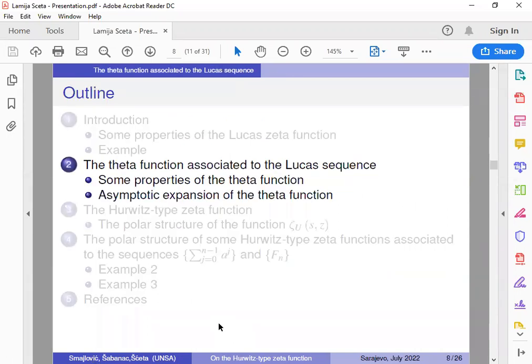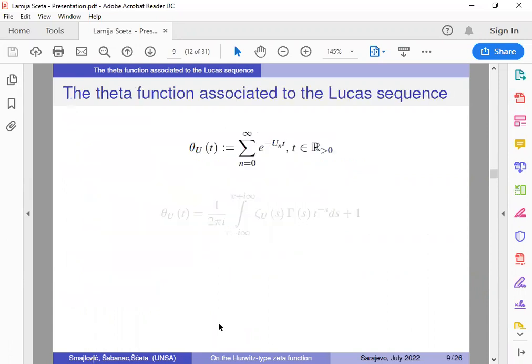In the second part of this presentation, we focus on the theta function associated to the Lucas sequence of the first kind. We will give some properties and the asymptotic expansion of the theta function. This function is defined for positive values of t by this, and we can use this expression.